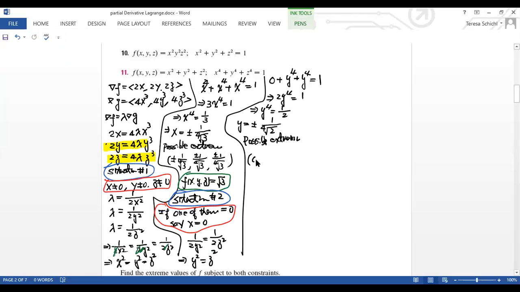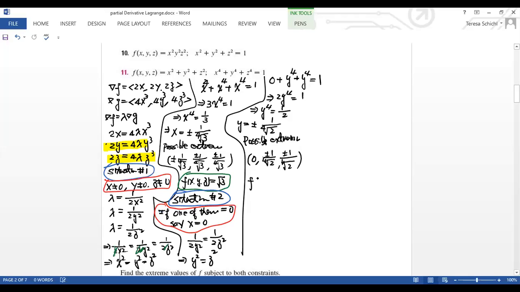So it's x equal to 0, then y is equal to plus minus 1 over 2 to the 4th root, then z is plus minus 1 over 2 to the 4th root here, right? Now you plug back into your function here.